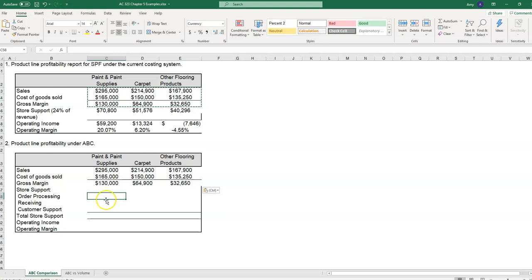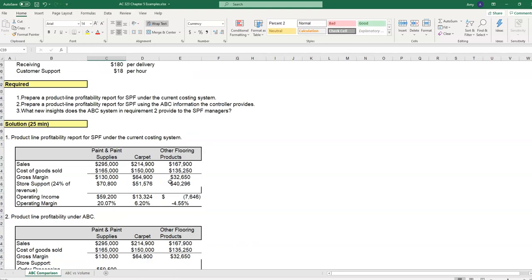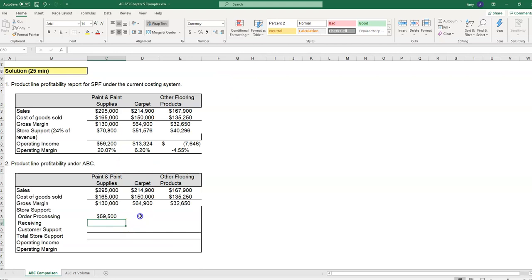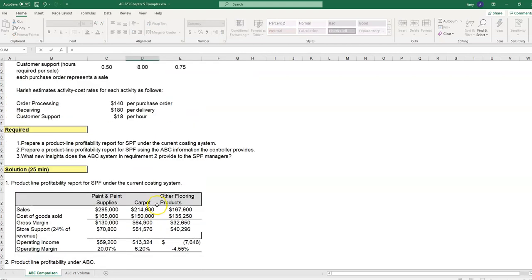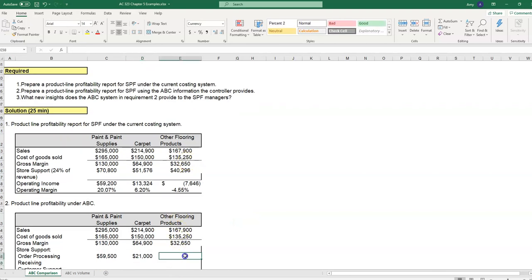So what we're changing is that support allocation. So for paint and supplies, we have order processing. When we come up here and we see that we have 425 orders times the rate of $140 per order. So we do that all the way across for all of our order processing. Carpet, 150 times our $140 per order.